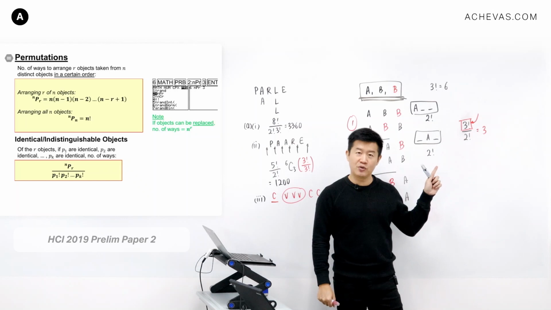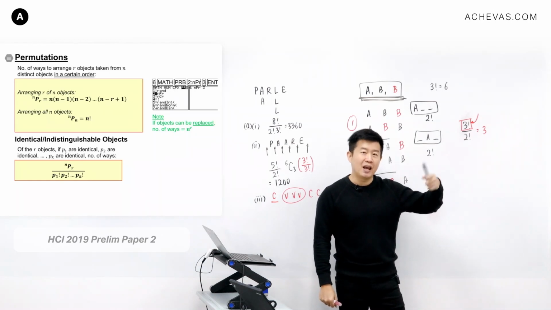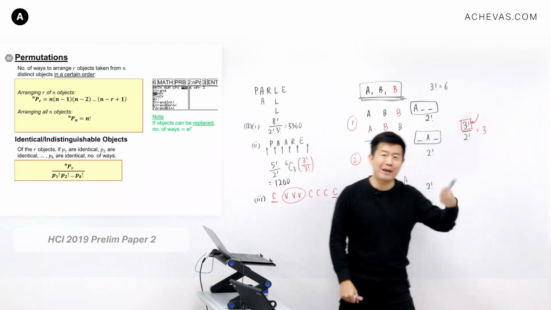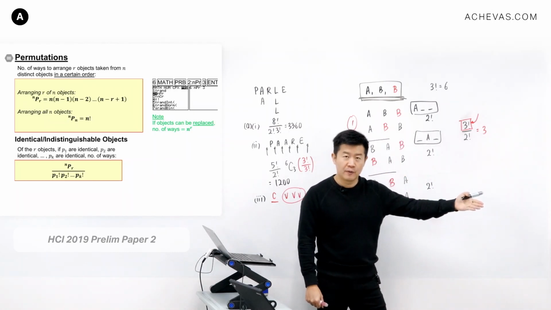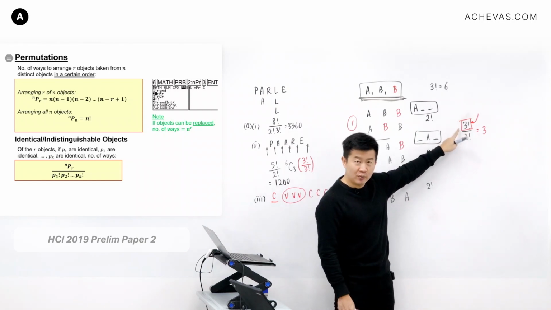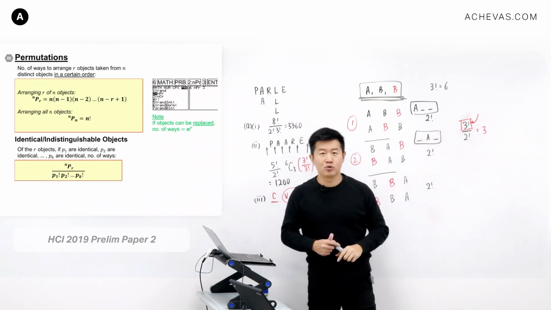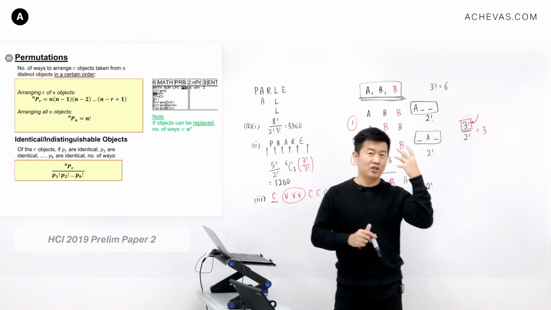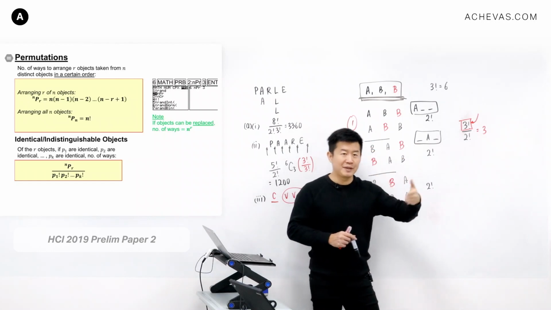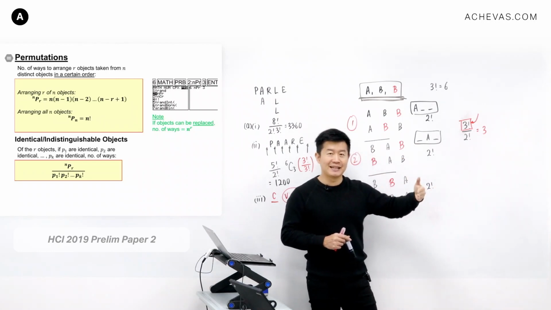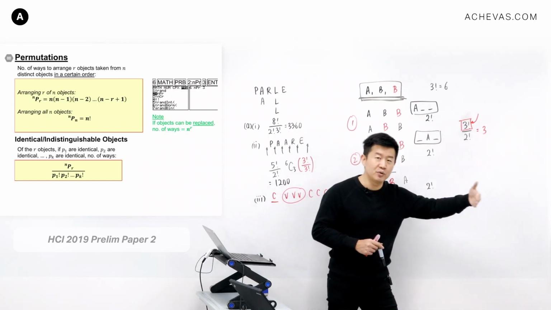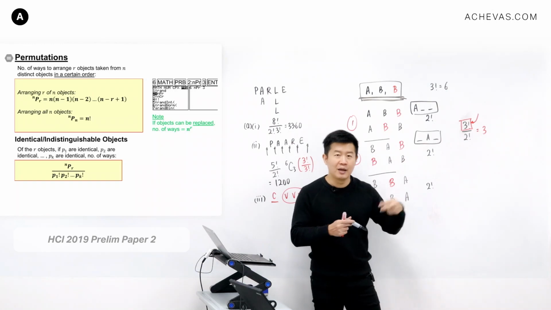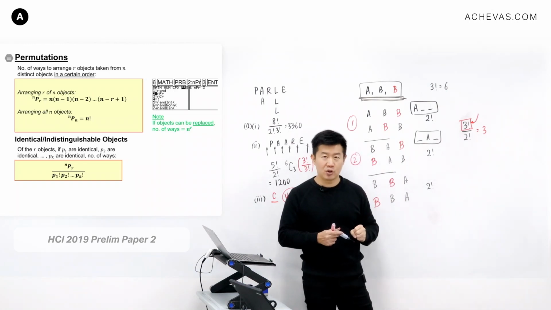That means when I apply the 3 factorial, I am seeing it as A, B1, B2. Then I divide by 2 factorial. You get what I'm trying to say? You must first change your perspective to purposely see all the objects as distinct in order to do the permutation, before you can take into account the identical objects by dividing by the identical objects' factorial.